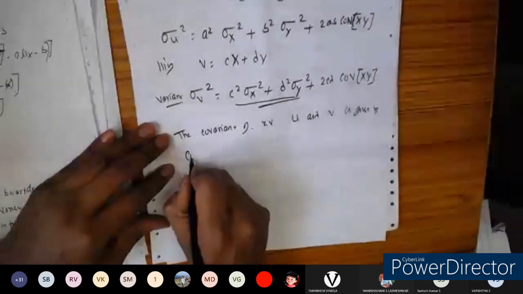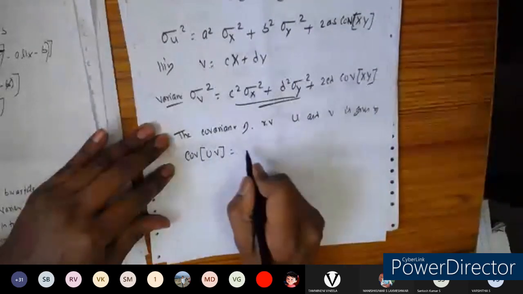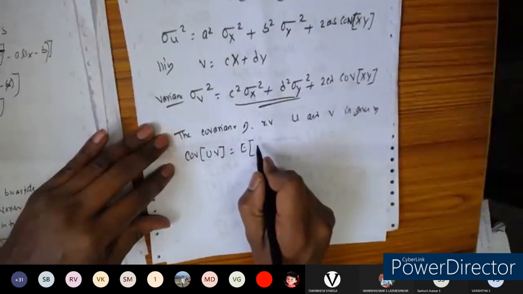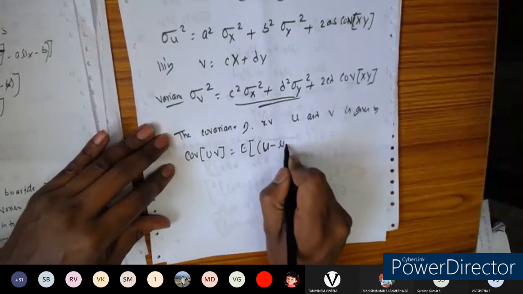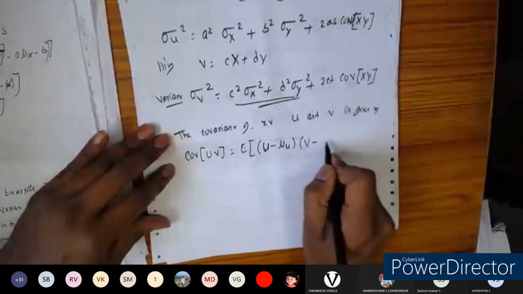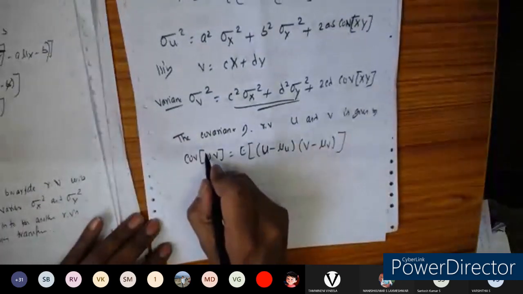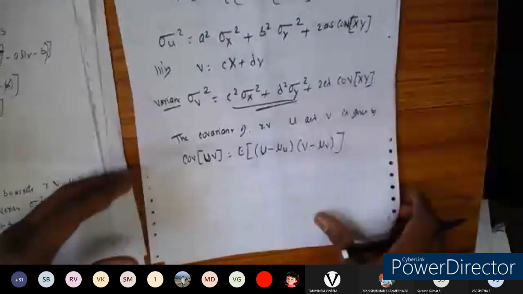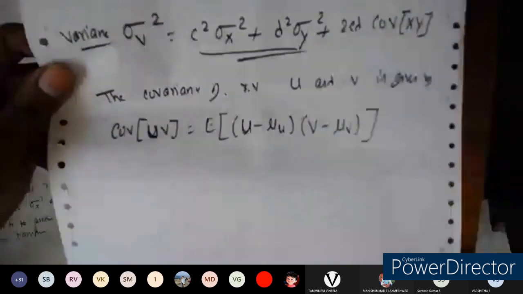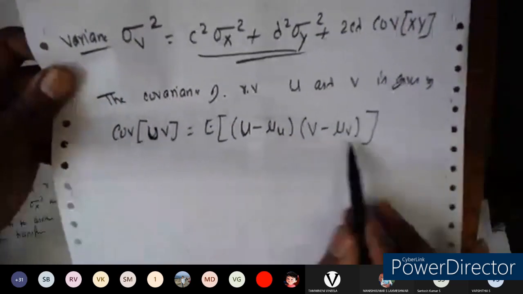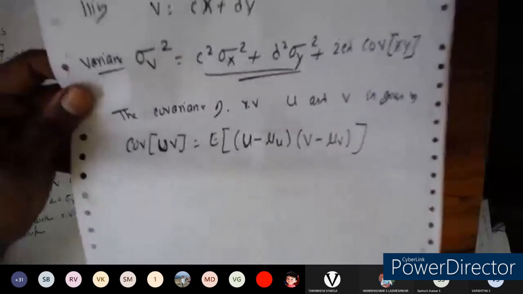I'm going to write the formula: the covariance of u and v is equal to the expectation of u minus mu u into v minus mu v.